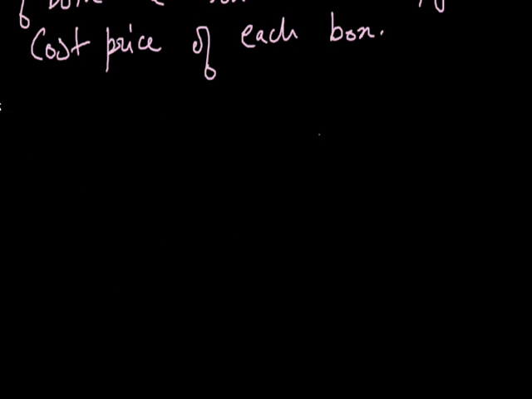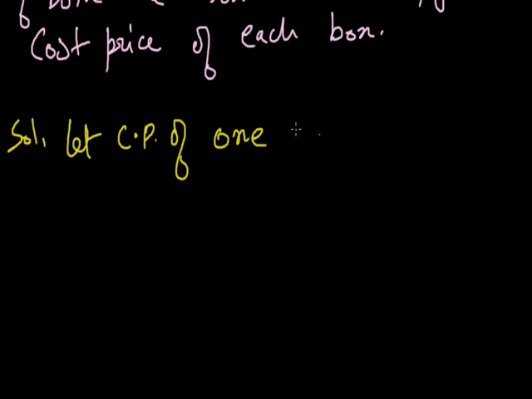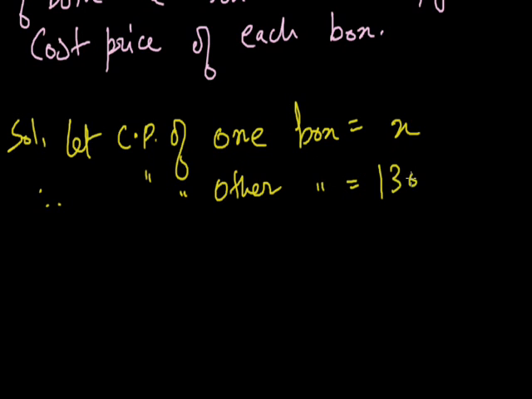So let us assume that the cost price of one article or one box be X. Therefore, the cost price of the other box will be 1300 minus X rupees.